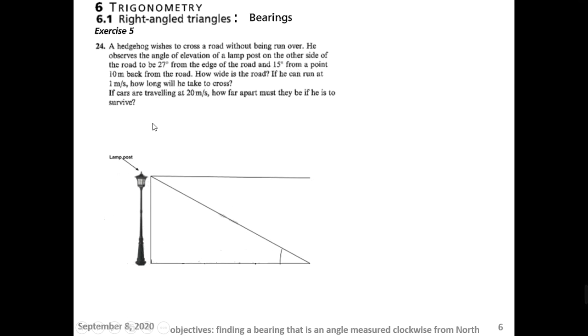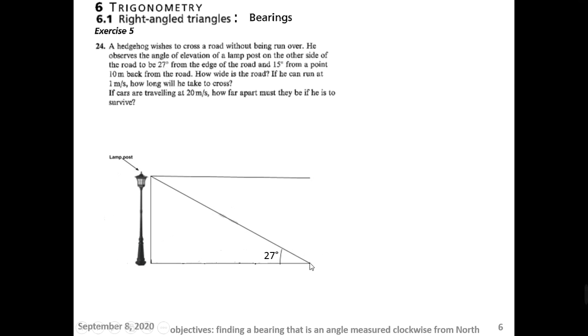So I have a lamp, and if he's standing here, this is the lamp. The angle of elevation here, which is 27, okay?